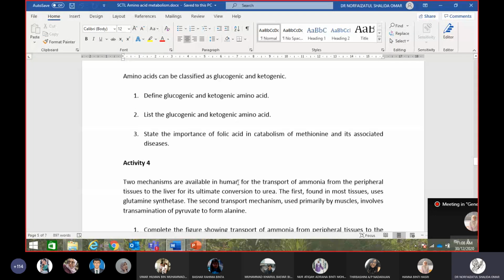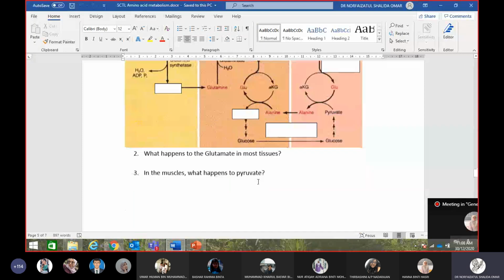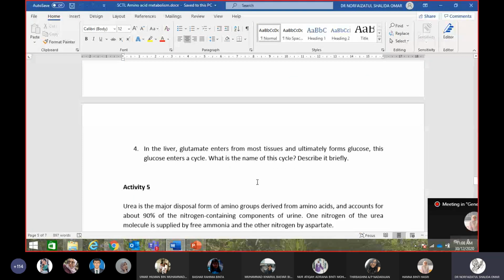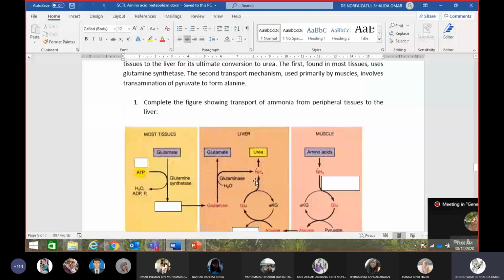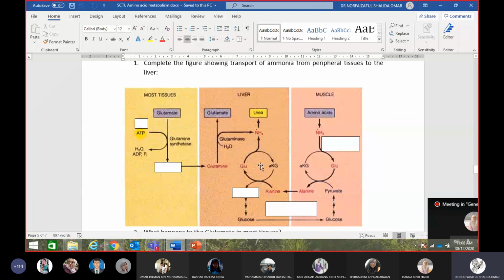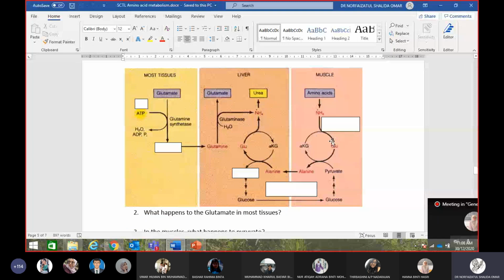this is how our body transports ammonia. Ammonia is produced mainly in most tissues and also the muscle. Basically, the muscle has a lot of amino acids and produces the most ammonia, mainly because of the protein in the muscle. Some of this protein is degraded when the muscle is not used or during the fasting state, and it is catabolized to produce energy.